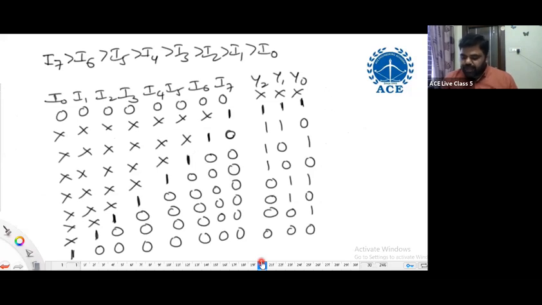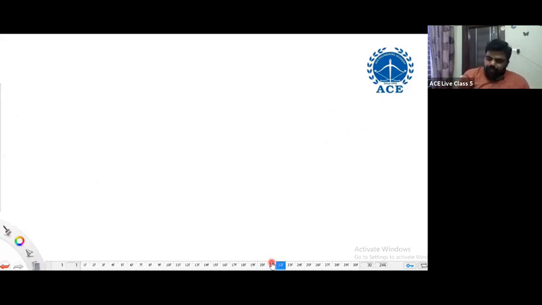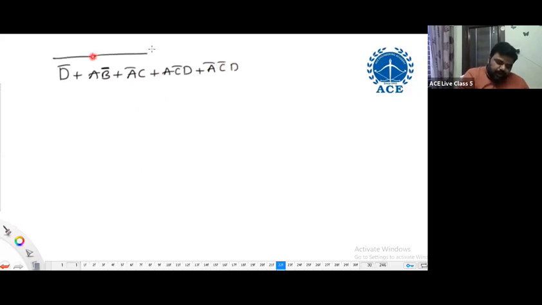The number of minterms after minimizing the following Boolean expression is: D bar plus AB bar plus A bar C plus AC bar D plus A bar C bar D, whole bar. Correct me if I am writing wrongly. I need to find the number of minterms of this function. So let me say it is F bar.